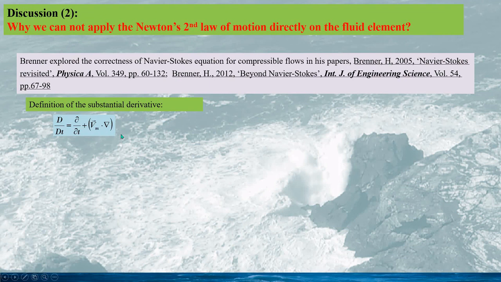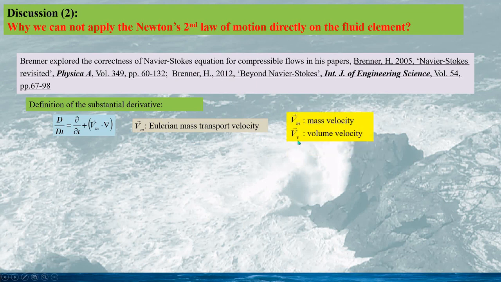He gave the definition of the substantial derivative as this. Here, the vector Vm is the Eulerian mass transport velocity. And for the fluid motion, we should have two different velocities: vector Vm, the mass velocity, and vector Vv, the volume velocity.